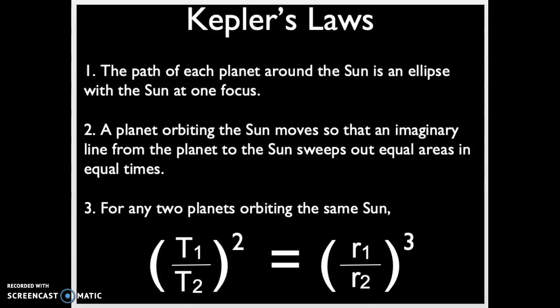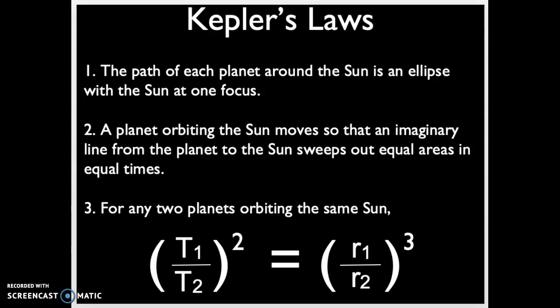Okay, so the next thing I want you to know is Kepler's laws. Johannes Kepler was really interested in astronomy, but actually he got most of his data from his mentor and then analyzed it for several years and came up with some general patterns in the data about planets orbiting the sun.